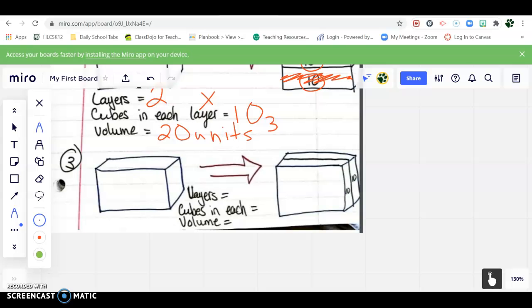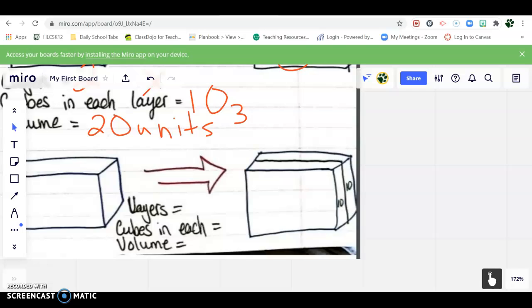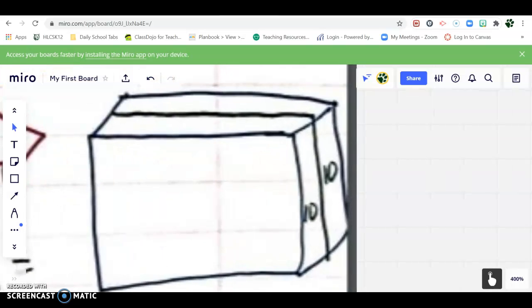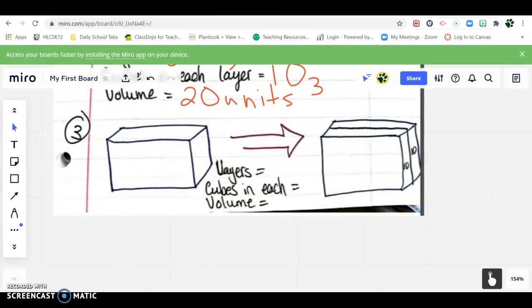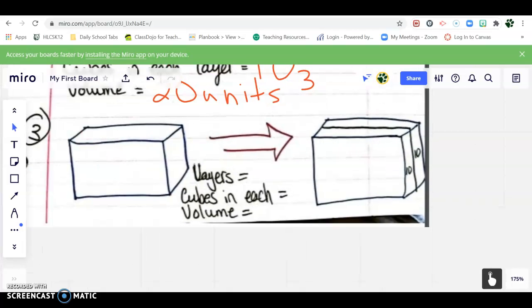And then in each of the slices, how many cubes are there? If you zoom in, you'll be able to see how many cubes are in each slice. It's a little fuzzy, so I'll let you know there's 10 cubes in each slice. Then you're going to fill that out right in here and then identify the volume overall of that rectangular prism.